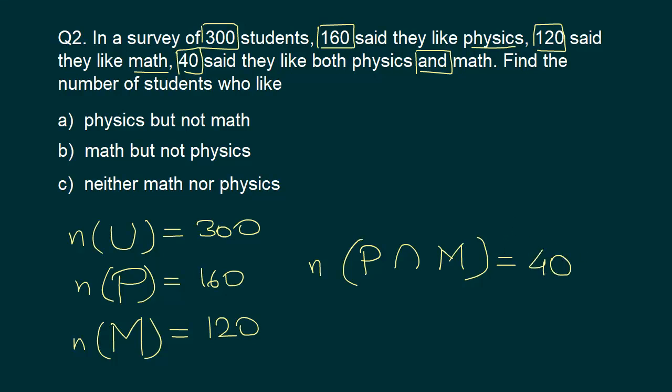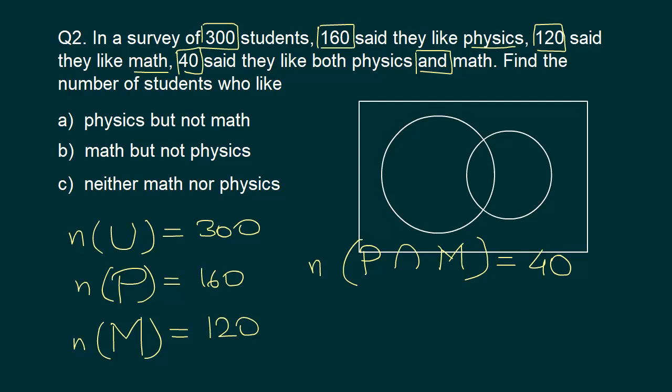So if you were to do a Venn diagram, it will look something like this, right? We have a little bit of overlap here. If this is physics, and this is math, and this is the universal set, then this is the information that is given. So this number here is 40.